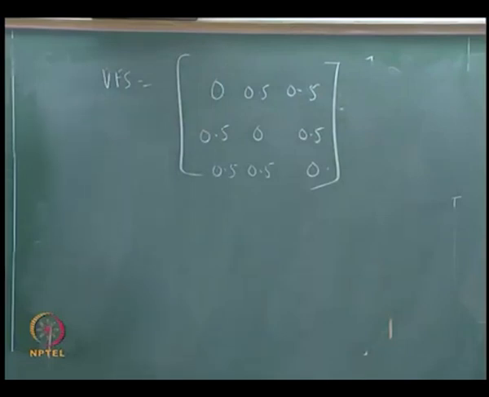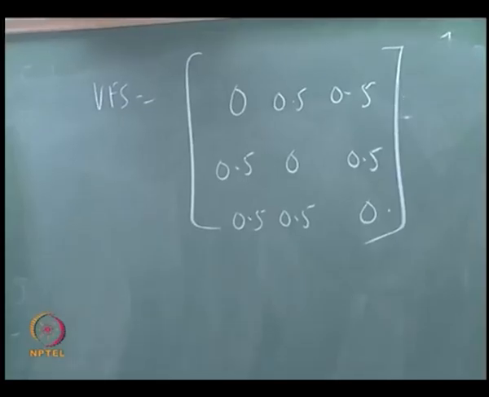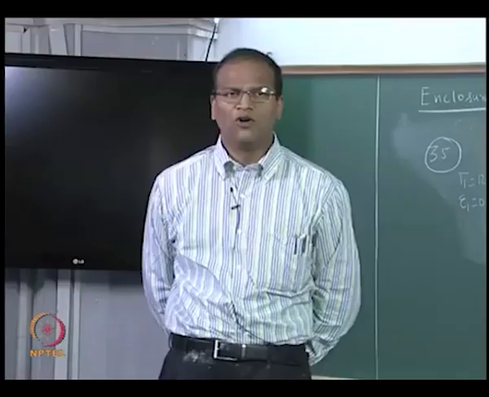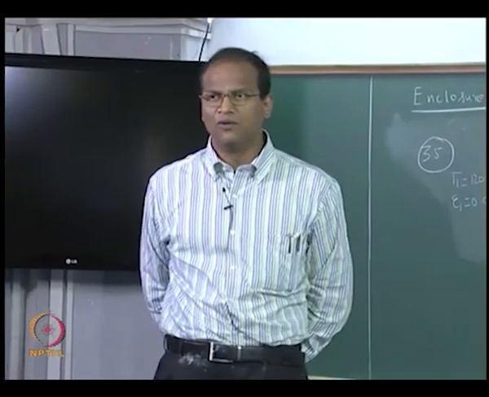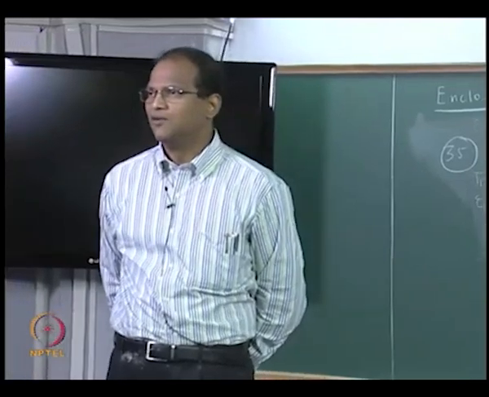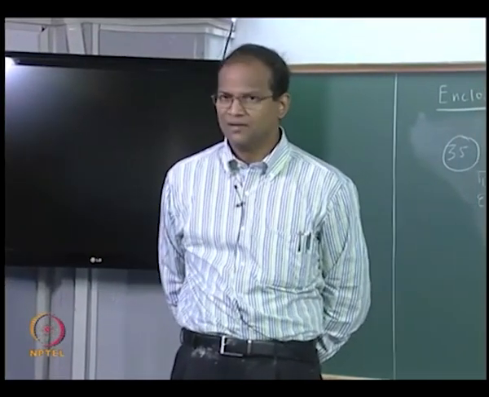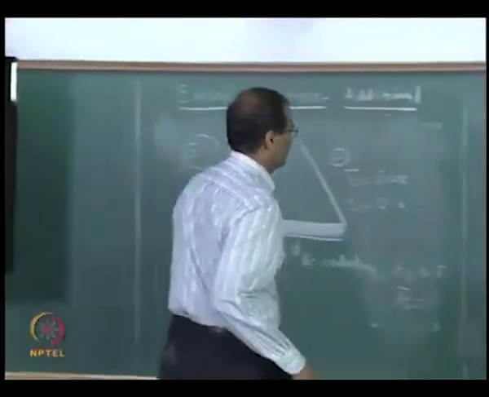Because it is an equilateral triangle, f11 plus f12 plus f13 equal to 1, f11 is 0, f12 equal to f13, therefore 2 f12 equal to 1, f12 is equal to half, f13 is equal to half. I do not have to do that if it is equilateral. Now J1.